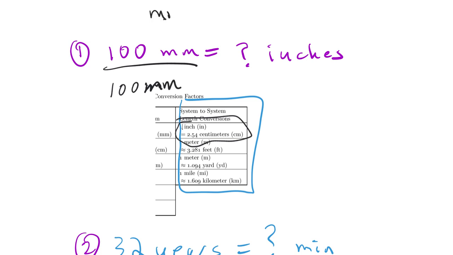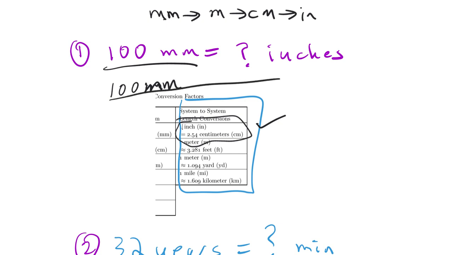So here's my strategy: millimeters to meters to centimeters, and then to inches using this conversion. So 100 millimeters, bring down the millimeters, go to the basic unit. Milli stands for 10 to the negative 3. Put it next to the basic unit.